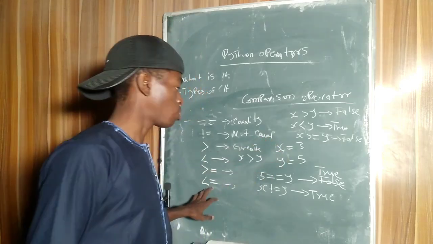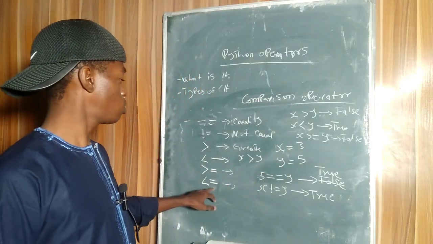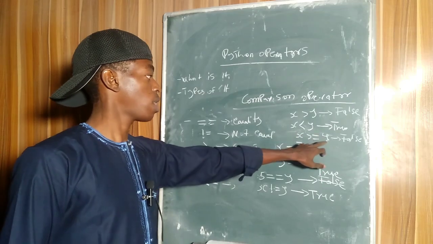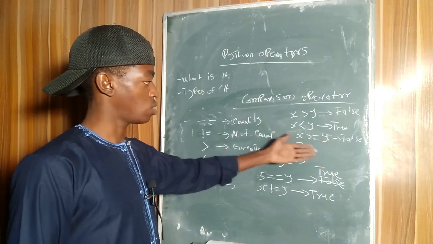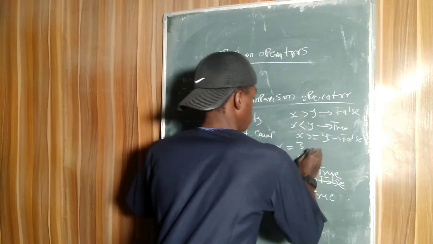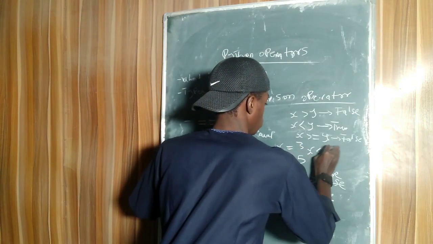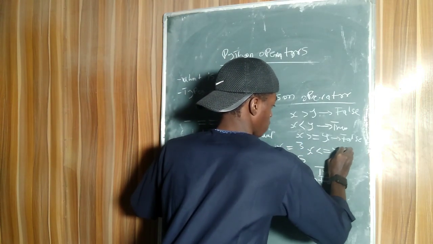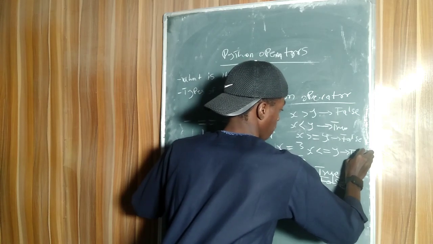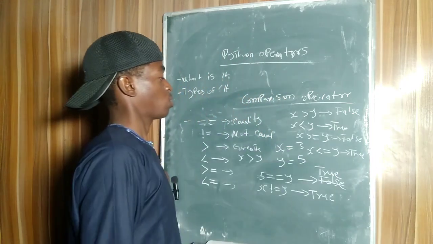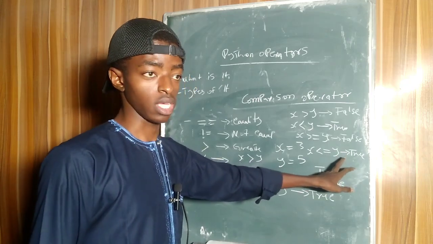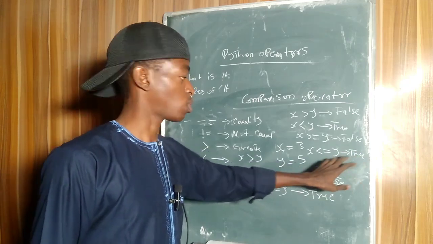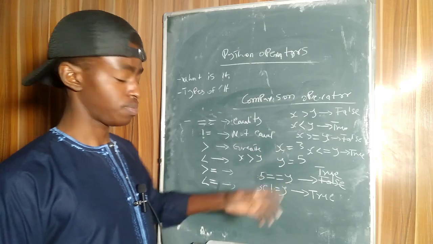And the same thing with this one. Here we're going to get true because x is less than y, even though they are not equal. The output is going to be true because one of the conditions is true.